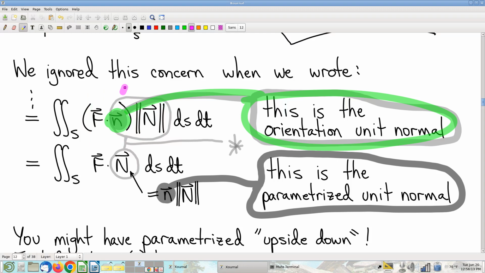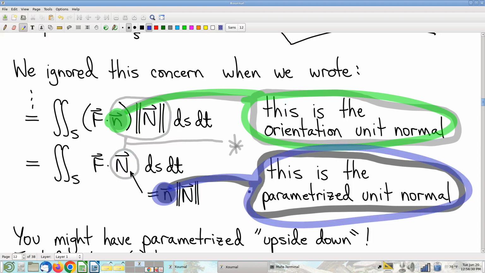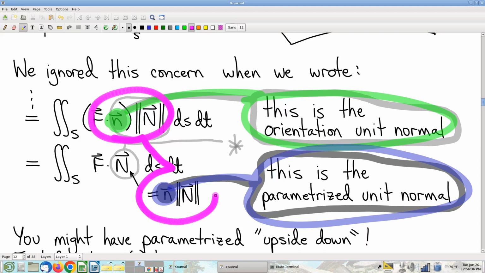Then I claim that that's equal or related to this capital N vector, which of course has a direction and a magnitude, and the direction in particular is given by the parameterization unit normal. So I claimed, inappropriately, mathematically illegally, that these are the same.